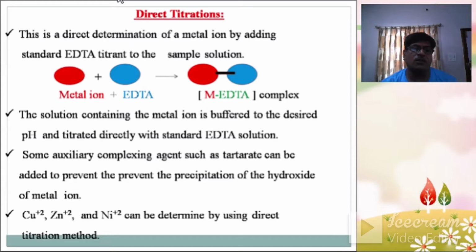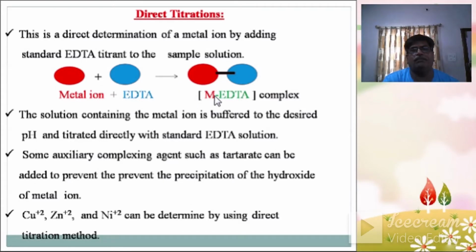Many metals can be determined by direct titration with EDTA. Metal complexes such as calcium and magnesium should be titrated in basic solution using EBT indicator. Direct determination of metal ion is done by adding standard EDTA titrant to the sample solution, and metal-EDTA complex is formed.